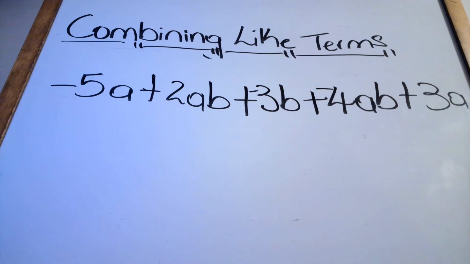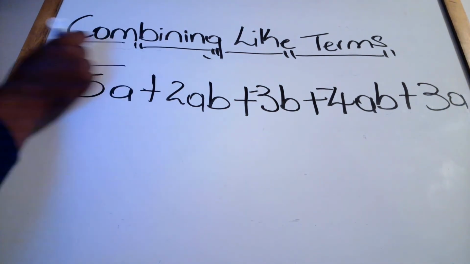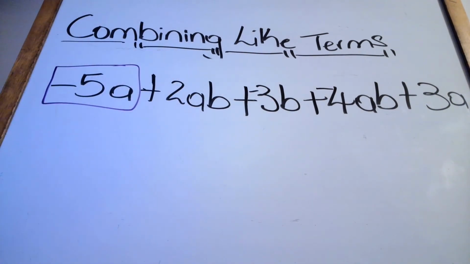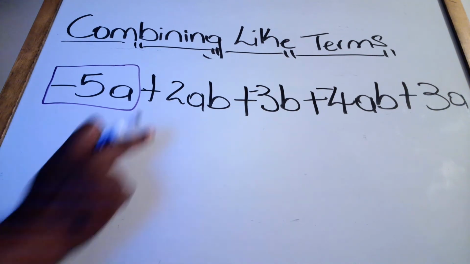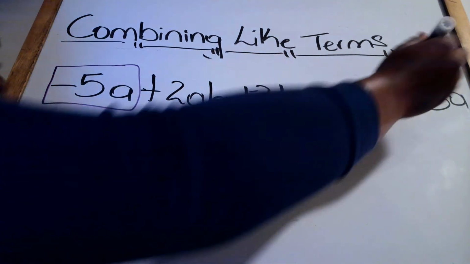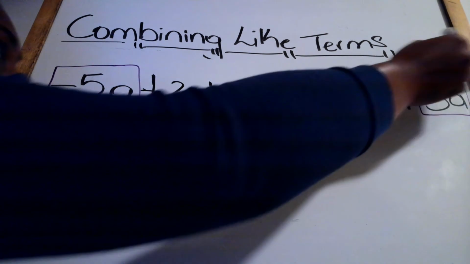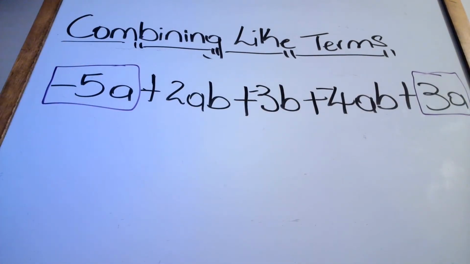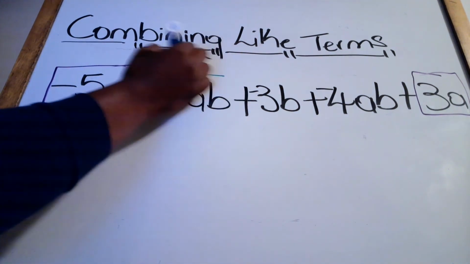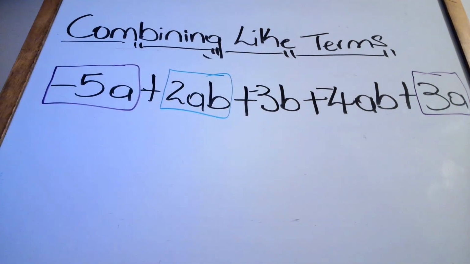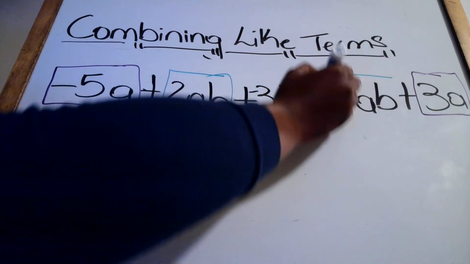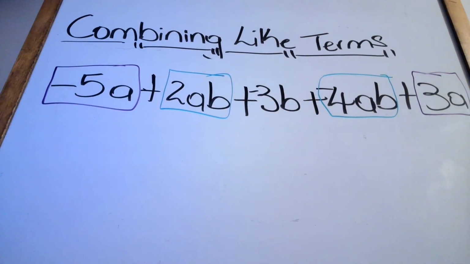After doing that, we said that we identify like terms. 5a, negative 5a would be like term with what? Let's go down the line. It will be like term with 3a. Let's identify the next. 2ab would be like term with negative 4ab, sorry.